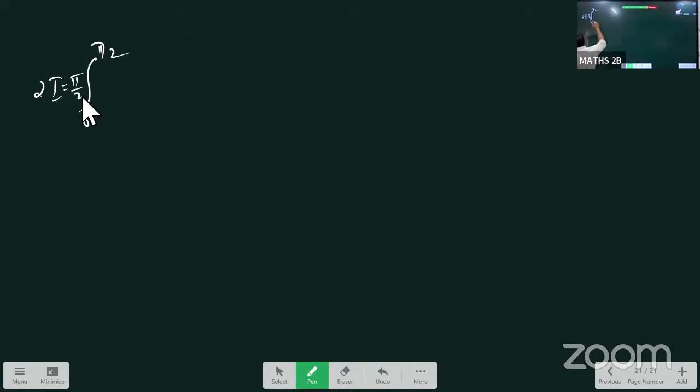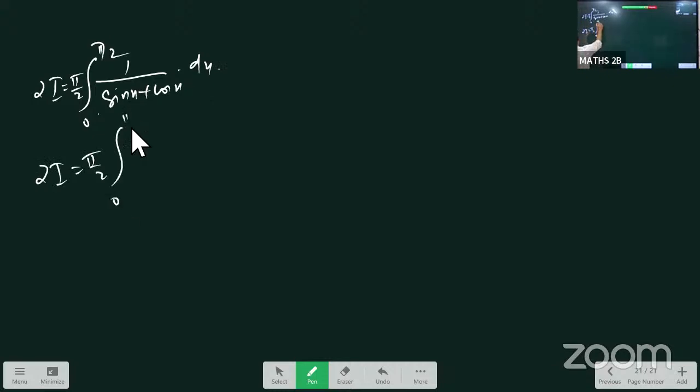So 2I is equal to pi by 2 outside, then the integration of 1 by sin x plus cos x dx, from 0 to pi by 2. Correct? Now I multiply and divide with root 2.